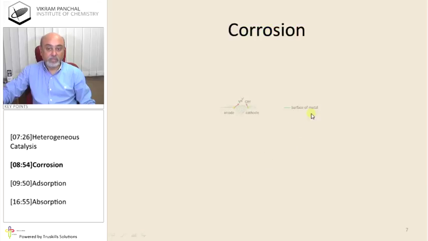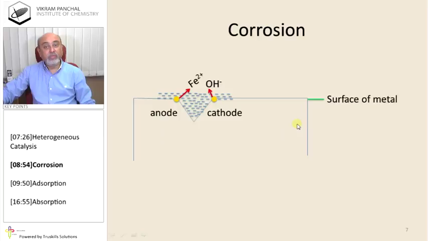Corrosion. Corrosion is a kind of redox reaction that occurs on the surface of iron, and this occurs only when there is an impurity of another metal present there, and if the surface of this metal is not smooth but rough.